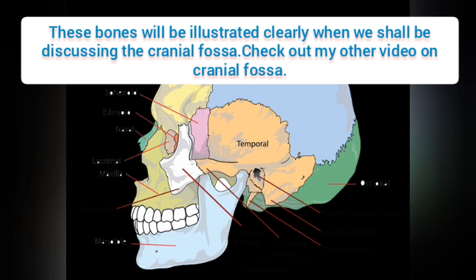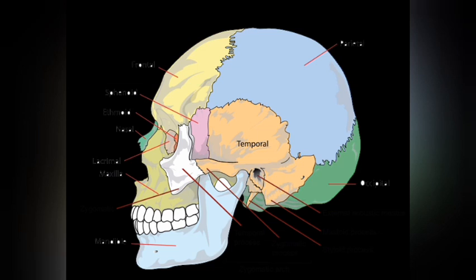I said the bones of the head are divided into two main groups: the bones housing the brain and the bones housing the soft tissues of the head. The bones housing the brain are called the cranium. The bones housing the soft tissues of the head, which are the bones within the face, are called the visceral cranium.